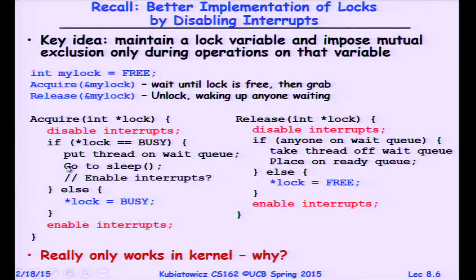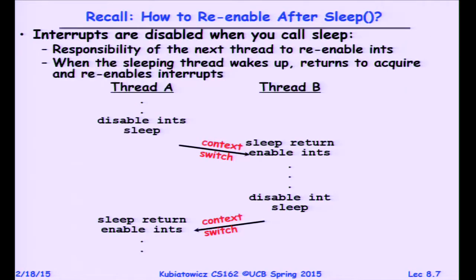Yes. Okay, now your second question. So if you go to sleep in acquire, then interrupts will be enabled until... Yes. So that's a good question. When do we re-enable interrupts in here? Clearly, this is not the whole story, which led us to this slide from last time. The idea here was that we enter the sleep or we enter the scheduler with interrupts disabled, and then when we go to sleep, somebody else gets scheduled.